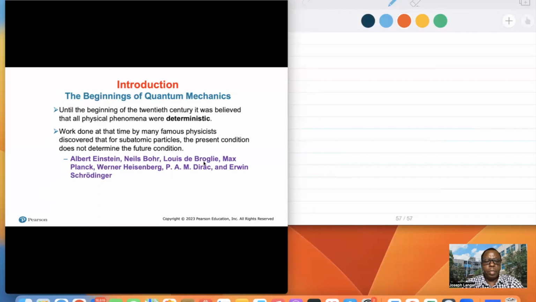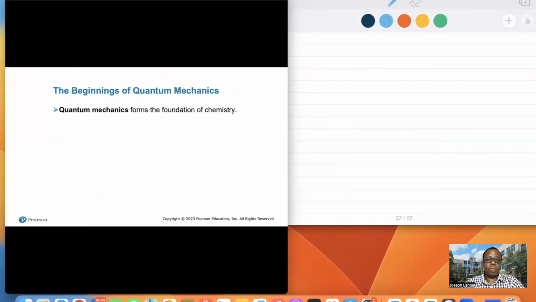De Broglie, we're going to talk about that, Planck, Heisenberg's uncertainty principle, and all these scientists did experiments, and indeed they proved that there is indeterminacy in matter. So their work proved that matter is not deterministic. Therefore, it changed the direction of the field.